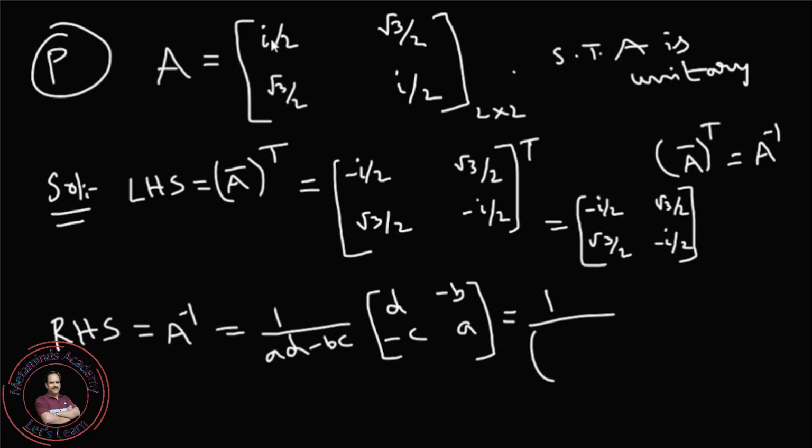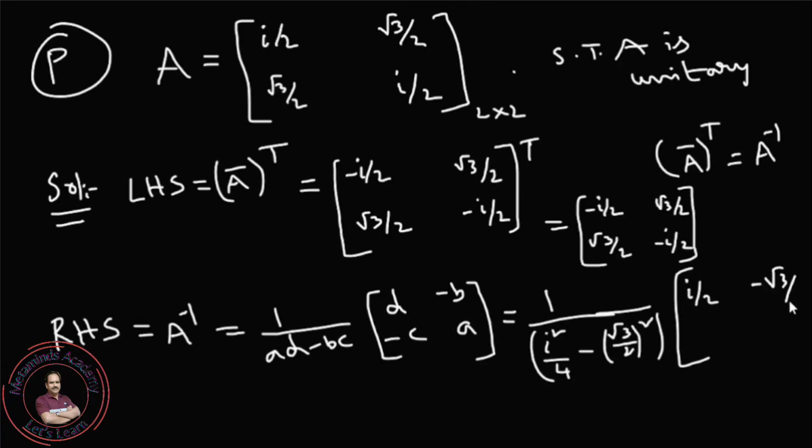This into this: i by 2 into i by 2, i square by 4, minus root 3 by 2 whole square. D is i by 2, minus B, minus C, A. A is i by 2 again.